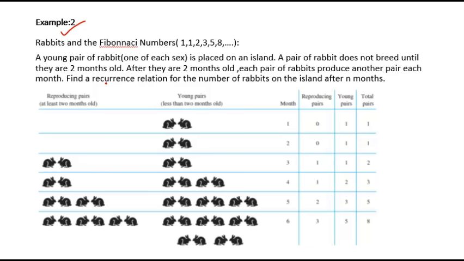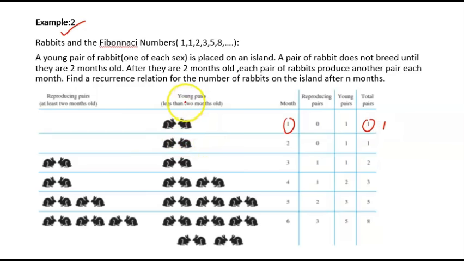Before I formulate the problem, let us understand what is happening here. So you see that in the beginning, since in the first month one pair of rabbits, one male and one female, is placed on the island, at the end of 1 month the total number of pairs will be just 1, right?